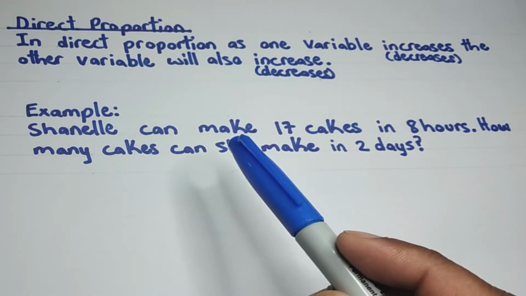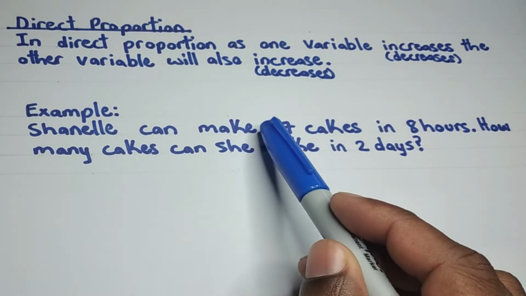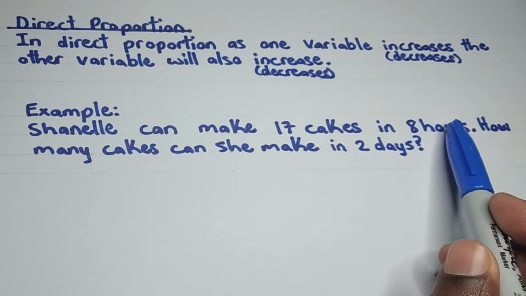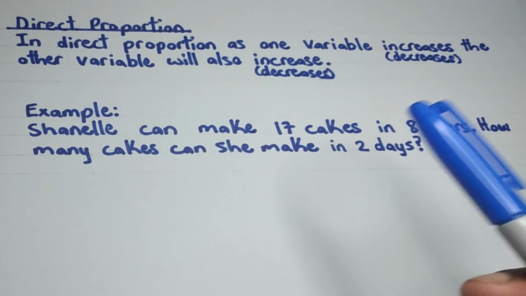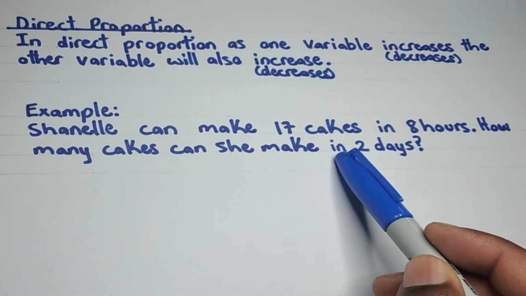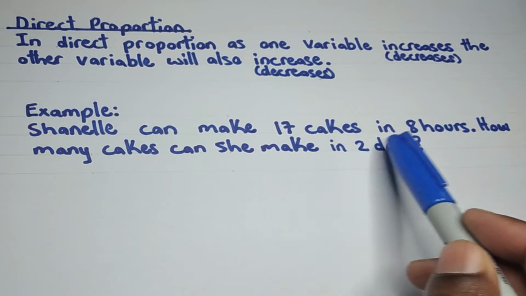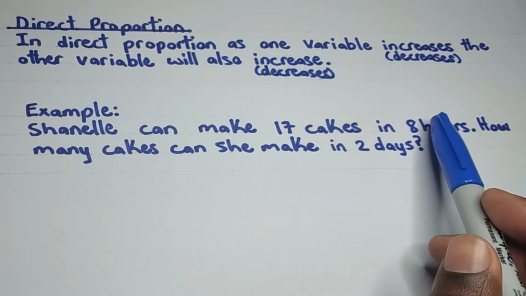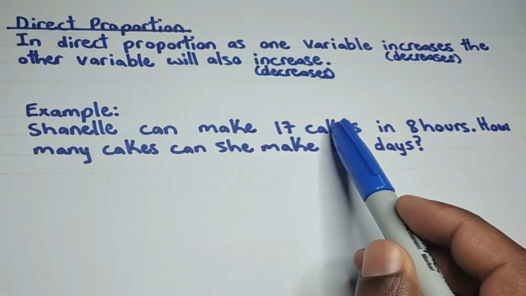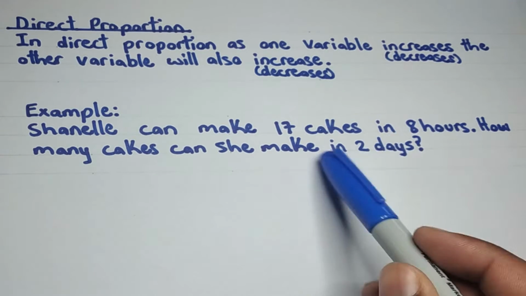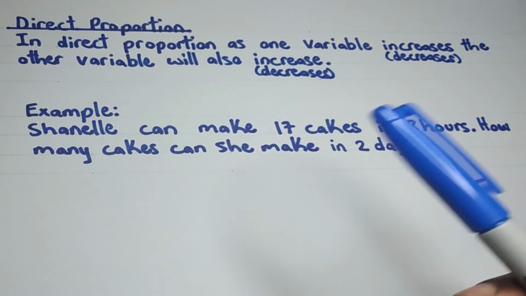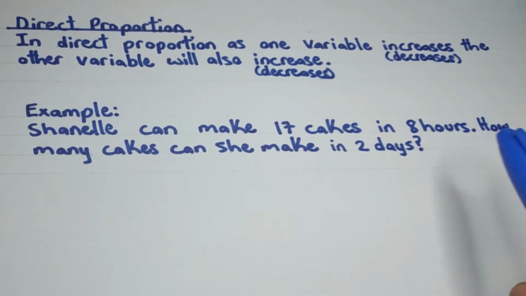Now, what I wanted to look at is that if Chanel can make 17 cakes in 8 hours, she should be able to make more cakes in a 48 hours period, which is the same thing as 2 days. So 2 days is more than 8 hours. So if she can make 17 cakes in 8 hours, she should be able to make more cakes in a 2-day period, alright?